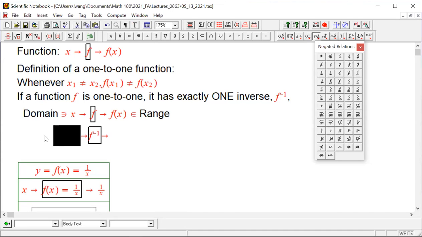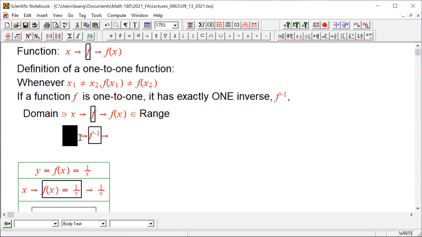But what is the input for the inverse function? We can call it anything. Let's call it x again, typically. But these x's are going to be from the range.